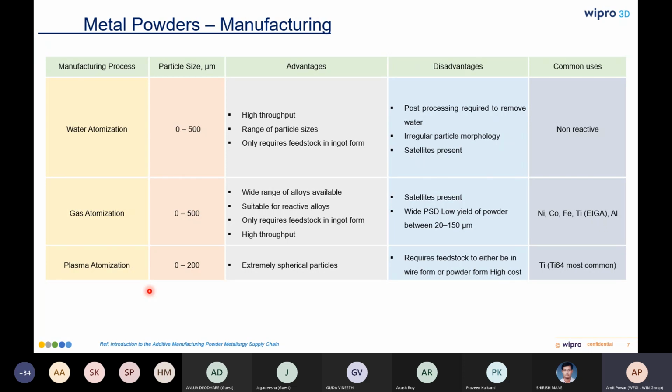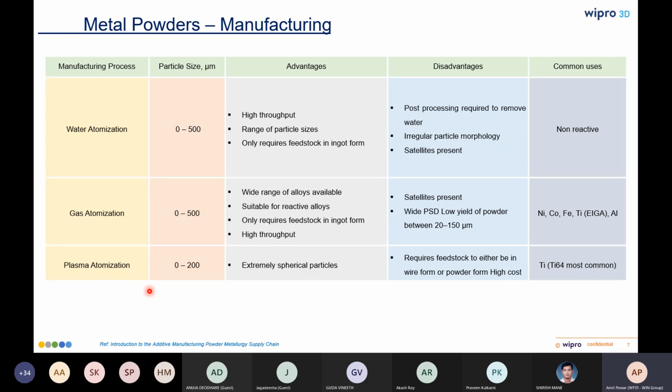But again, satellites can be seen. Then there is a low yield, and the particle size range manufactured is between 20 to 150 microns.